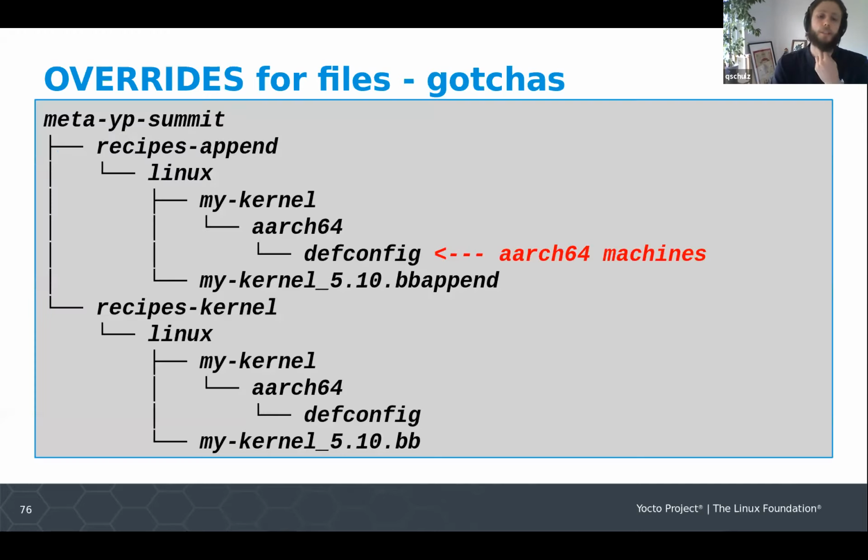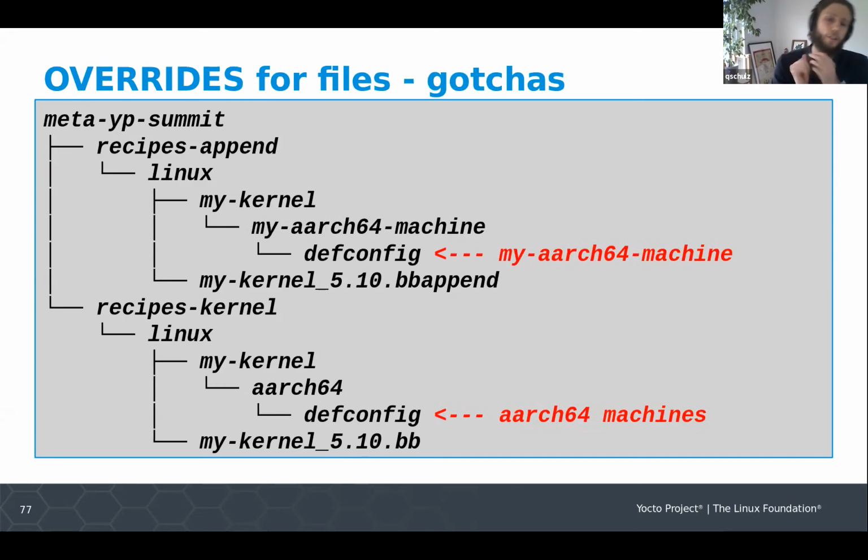All right, so now I want to override this for the ARM64 machines. So I just put the defconfig into a subdirectory which is named ARM64, which matches the original path, and that is going to work. Or I just put a subdirectory for my machine only. In that case, for my machine, the defconfig will be taken from the bbappend, but for all the other ARM64 machines, it is going to be taken from the original recipe.